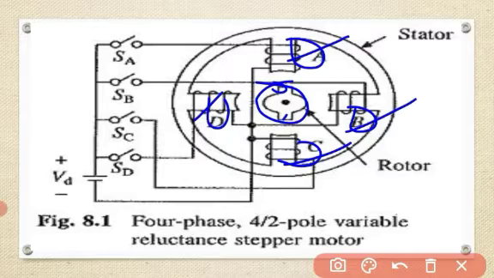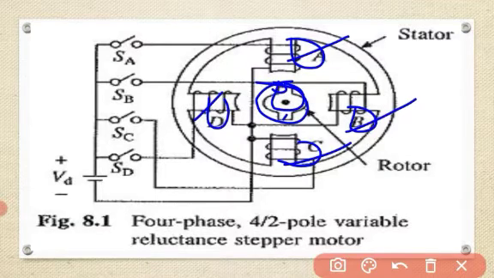Hence we say it is a 4-phase, 2-pole machine. It is called single stack because only one stack is used here. The rotor doesn't have multiple stacks, only a single stack. Hence it is called a single stack variable reluctance stepper motor.